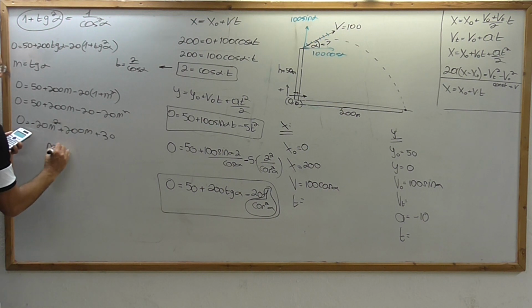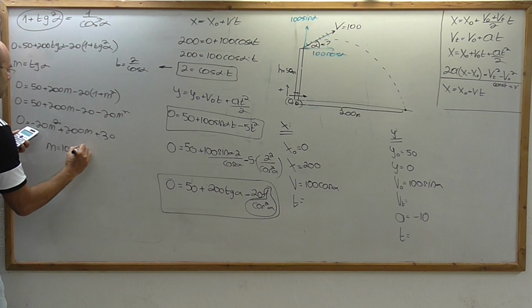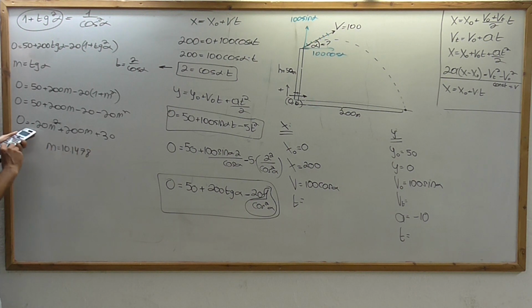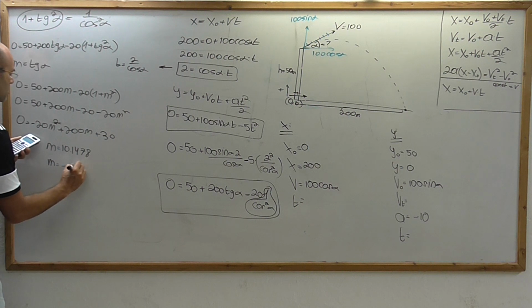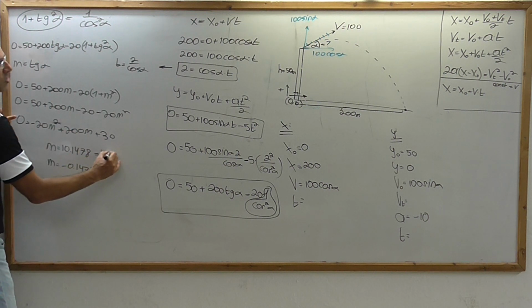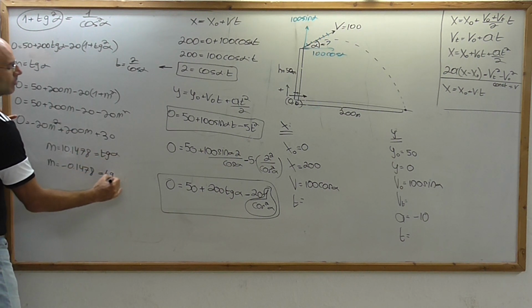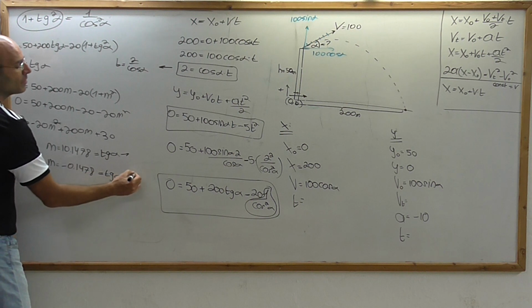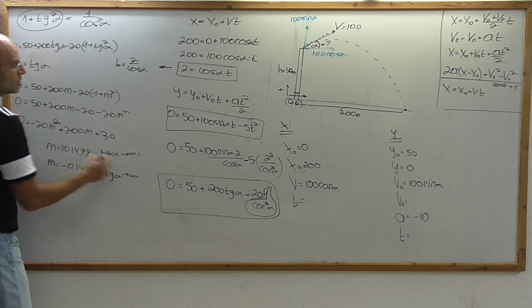I'll get m equals 10.1478 or m equals minus 0.1478. And I remind you, each m is really tangent alpha. So now I can find the alpha from each equation.